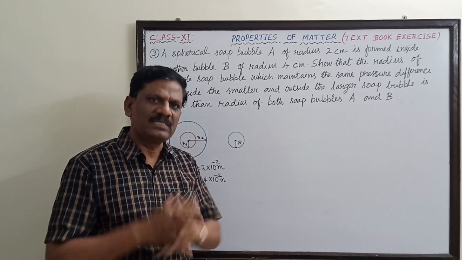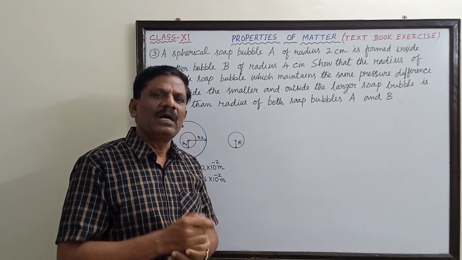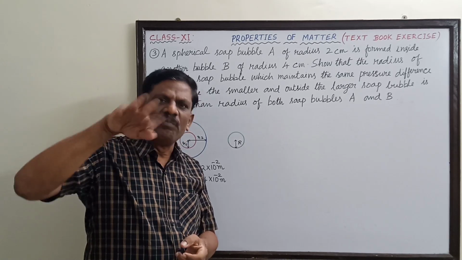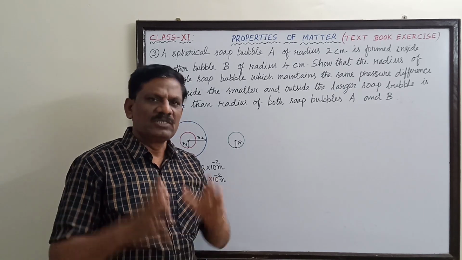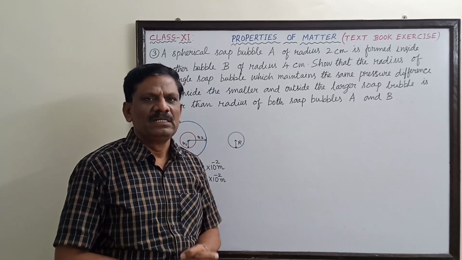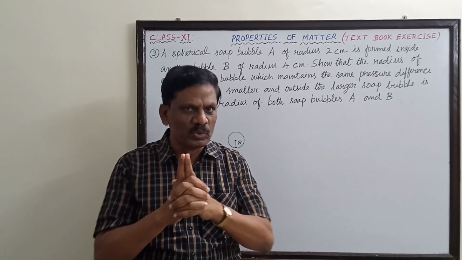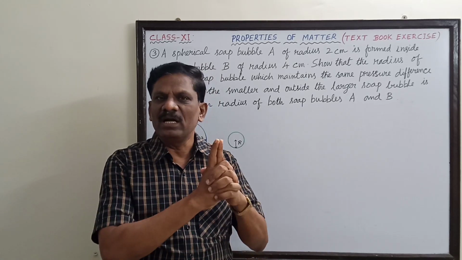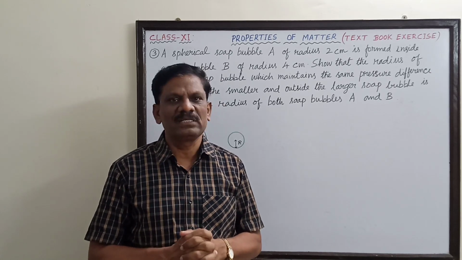When you blow a soap bubble, we get a spherical bubble, and inside the soap bubble there will be hollow space filled with air. So the soap solution is found only on the outer periphery. So how many free surfaces are there for the soap film? 2. One is the outer surface and the other one is the inner surface.